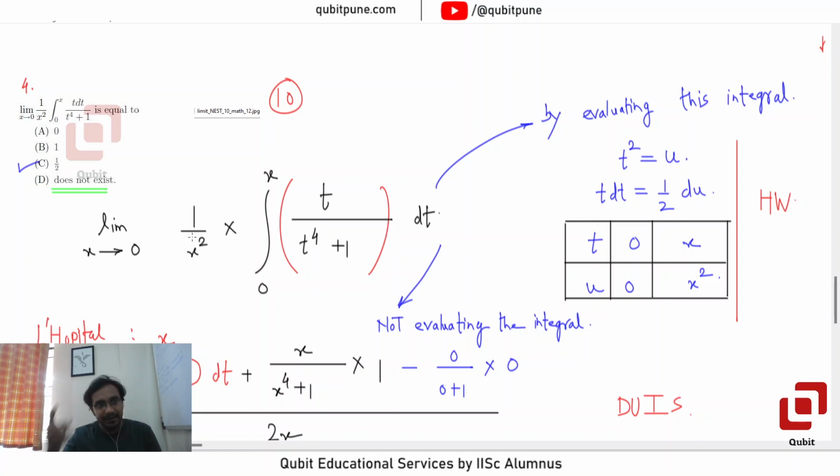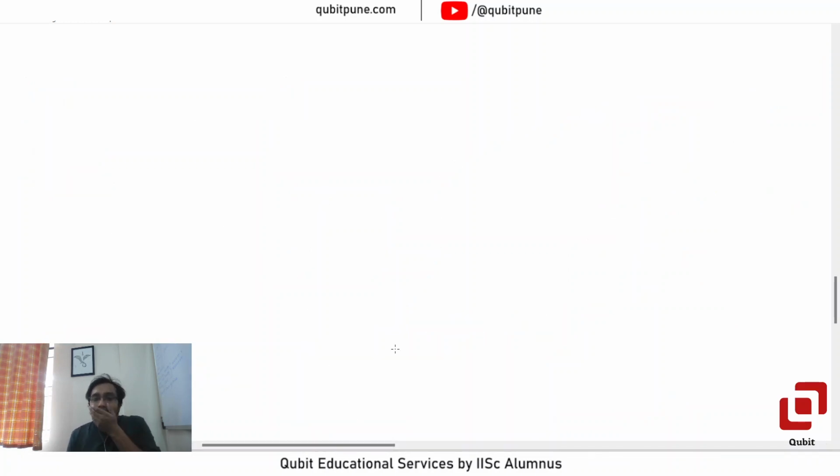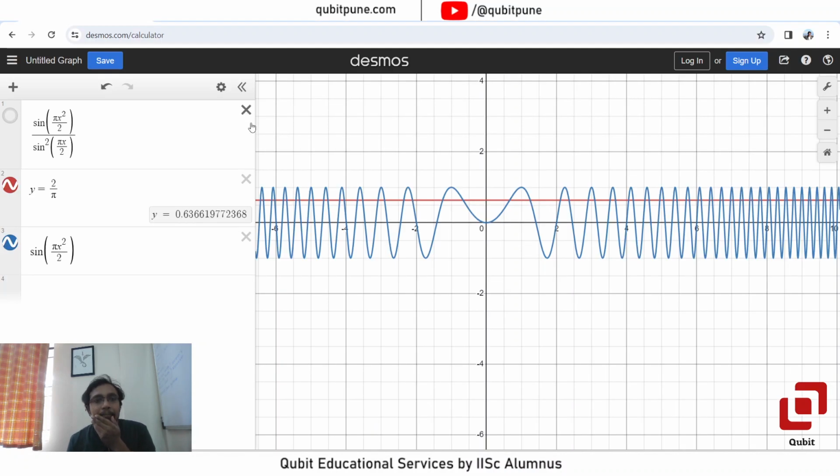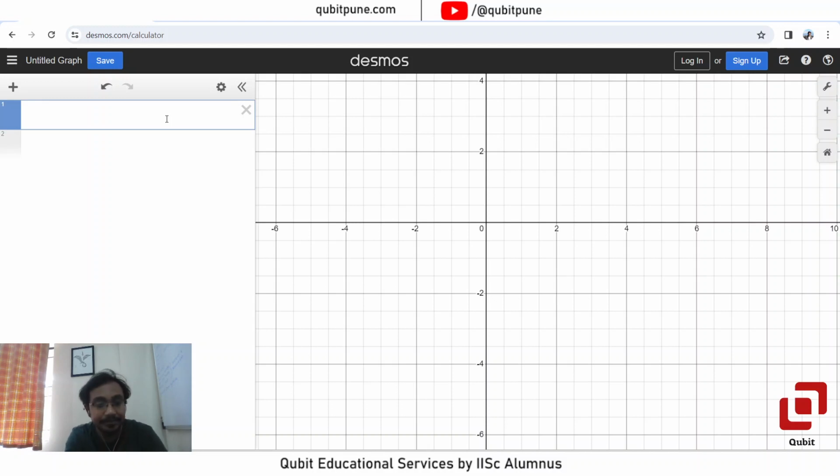Now let's verify it on Desmos. It also does all that stuff. So how to verify that? Look. What we can do is go for 1 upon x squared times the integral from 0 to x of t upon t to the power 4 plus 1 dt.